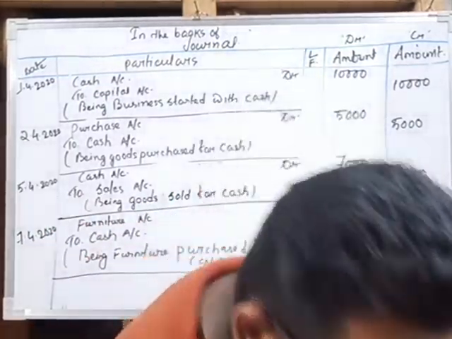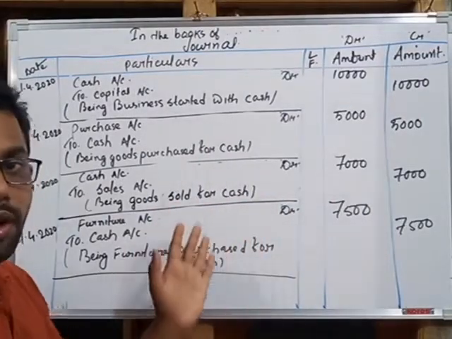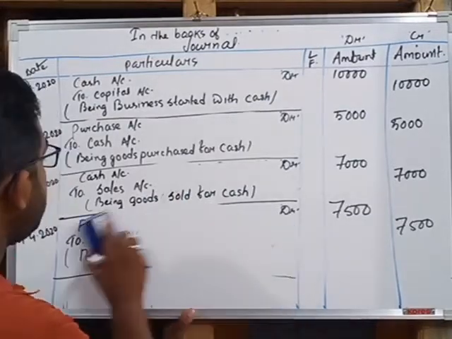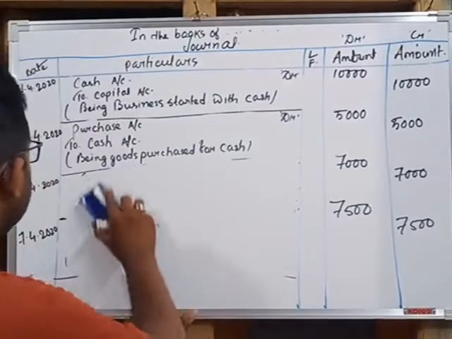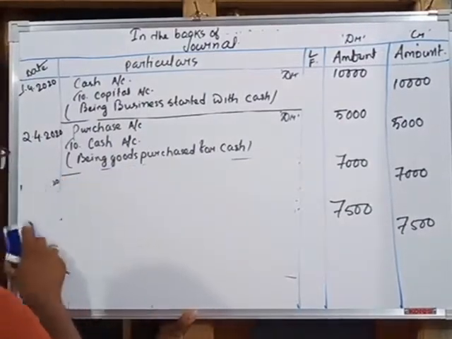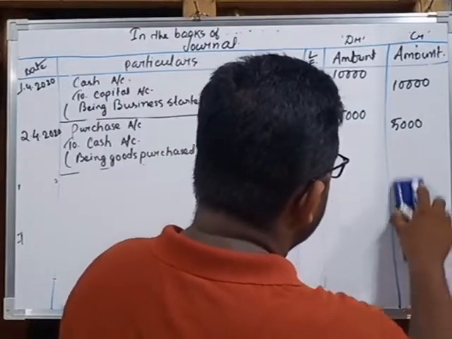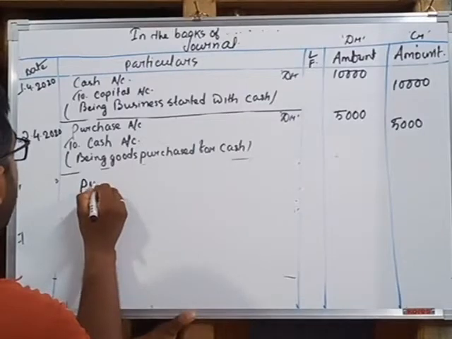Okay, so let's see what is the next transaction. So I am erasing this. I think all of you have written it in your copy. Next one is the purchase goods.